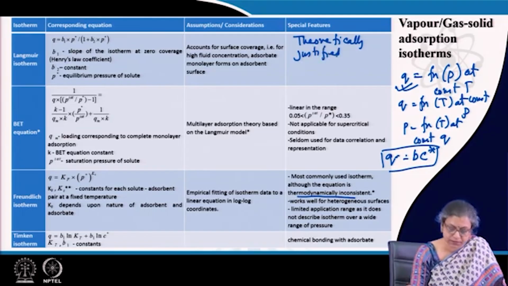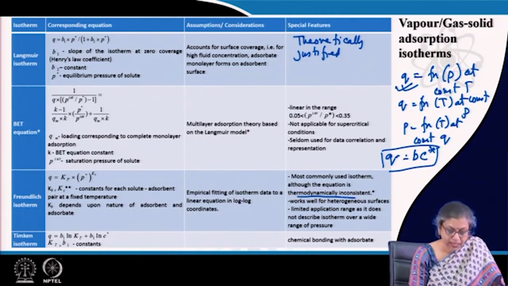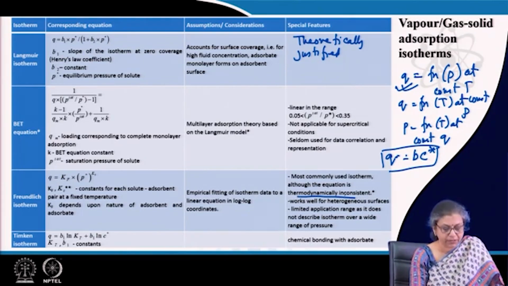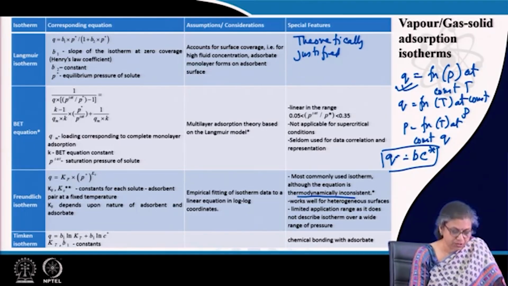Why do we call the Freundlich equation thermodynamically inconsistent? Because it does not have a finite Henry's law constant. So, it is thermodynamically inconsistent, but nevertheless it is the most commonly used equation.